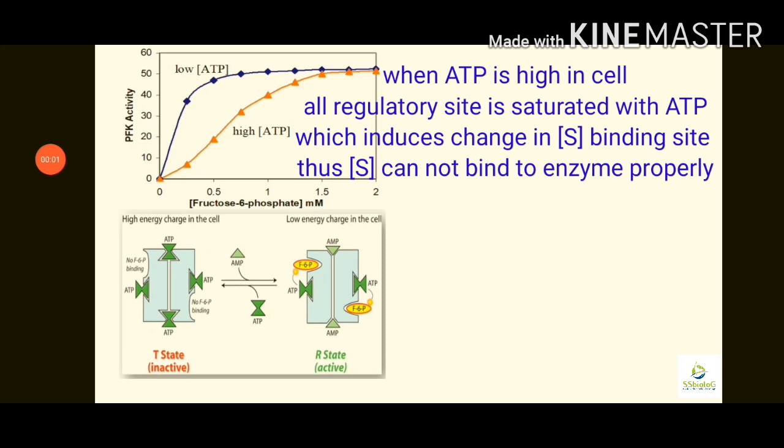In this diagram, it is shown that when the ATP level is high, ATP is bound to all its regulatory regions and causes change in the substrate binding site of the enzyme. That's why the substrate cannot bind to the enzyme properly, and thus the enzyme becomes inactivated at the T state.